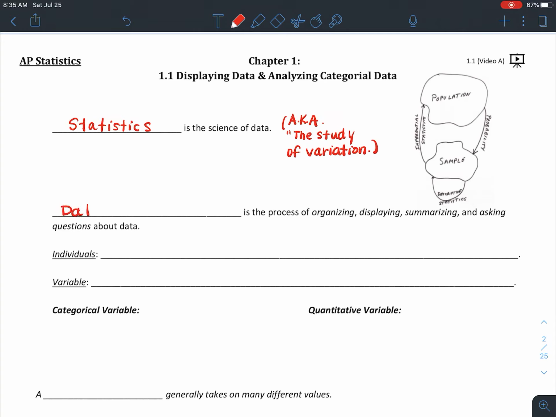And so when we talk about data analysis, that is the process of taking information, organizing it in some manner, displaying that information in some manner, summarizing the data, and then asking questions about the data.